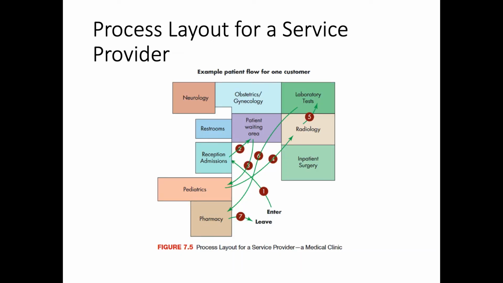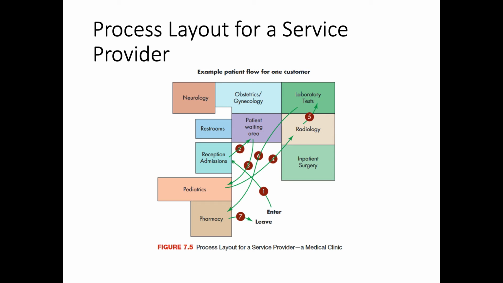So for a process layout, you can see here for a service provider that you have different functions grouped together. Okay, so this is a medical clinic, and like many medical clinics, you have different departments based on their specialty. You can see here that they have, for instance, a department in the upper left-hand corner for neurology, whereas they have inpatient surgery in the lower right-hand corner.